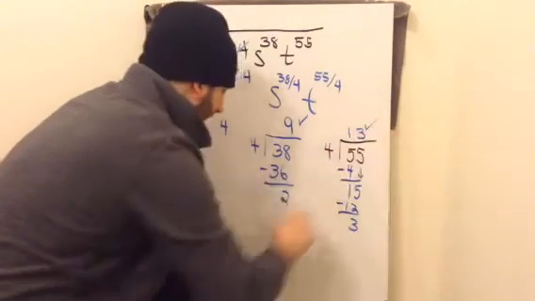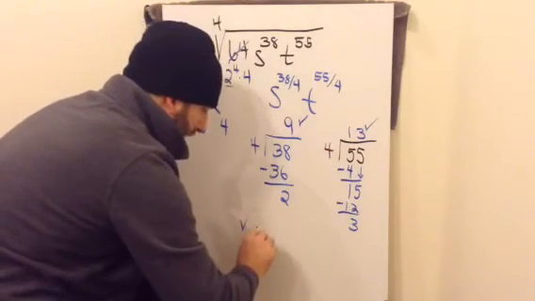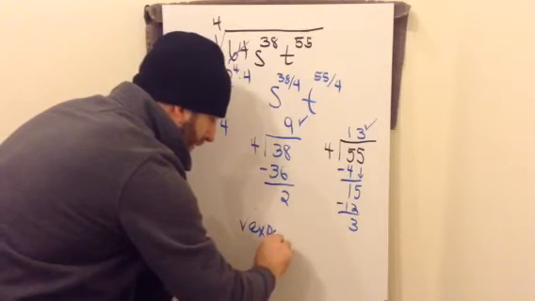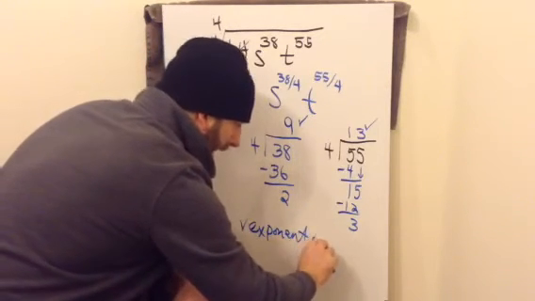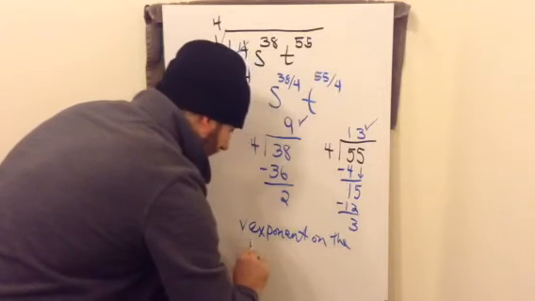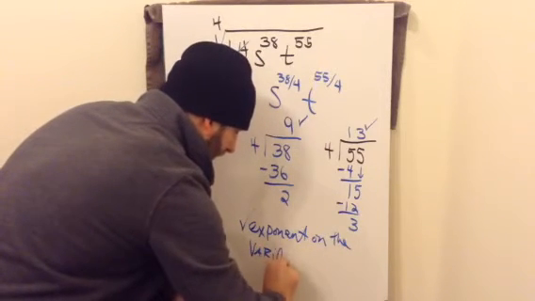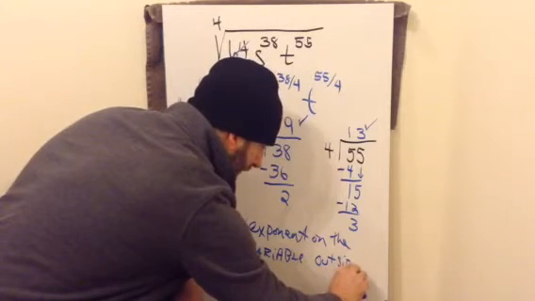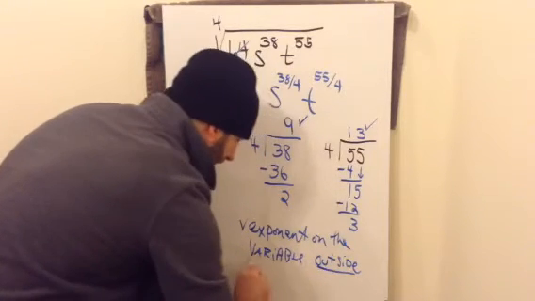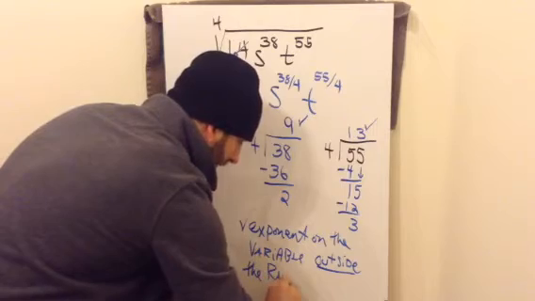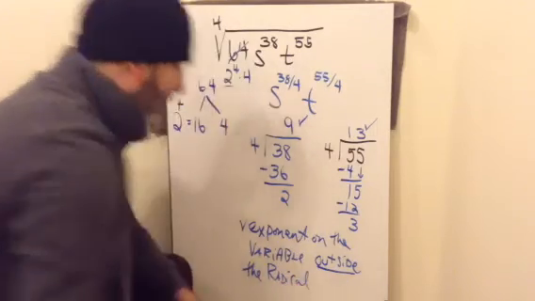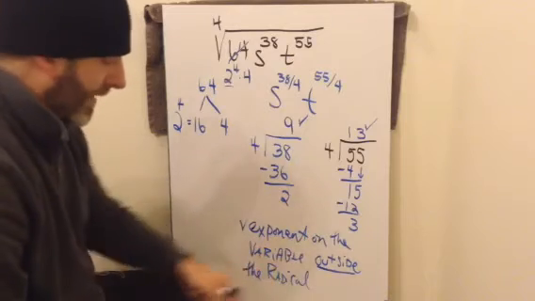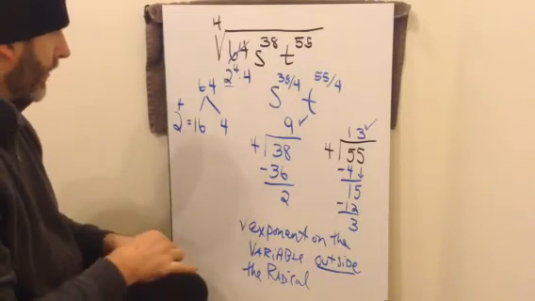The check mark is the exponent on the variable outside the radical. So I will start the solution over here.